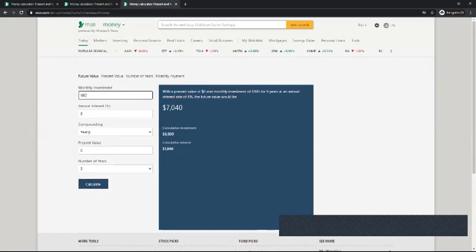Now if you decide you want to increase this amount, let's say you want to invest $500 every month at an annual interest rate of 8%, compounding every year, and right now you don't have any funds invested. Let's see after 5 years what's going to happen. Over the course of 5 years, you have accumulated 30,000, and it has gained interest of 5,200.